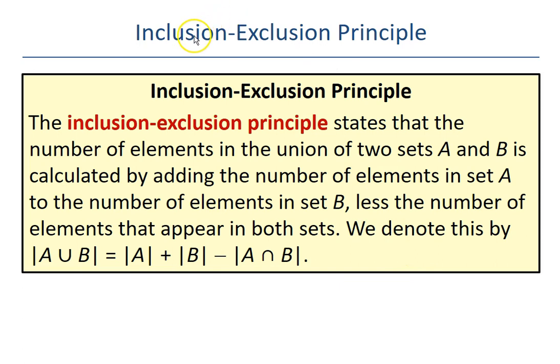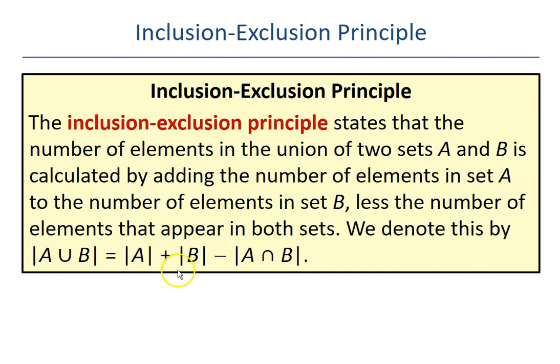And here's the inclusion-exclusion principle that states the number of elements in the union of two sets, A and B, is calculated by adding the number of elements in set A to the number of elements in set B, this is important now, less the number of elements that appear in both sets.